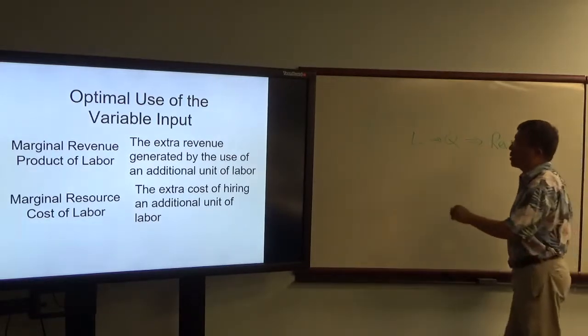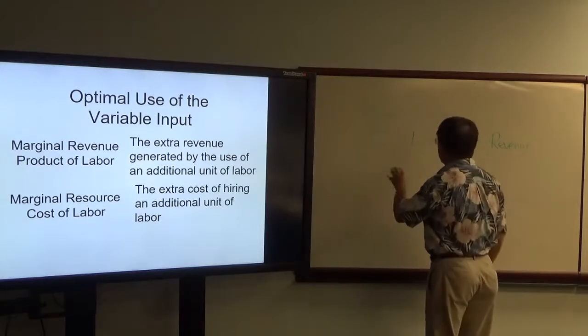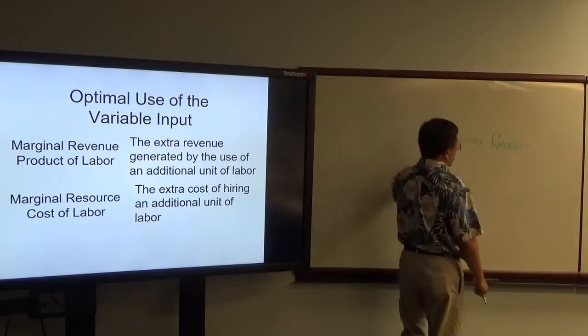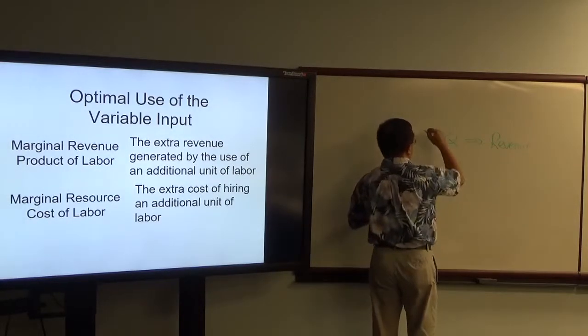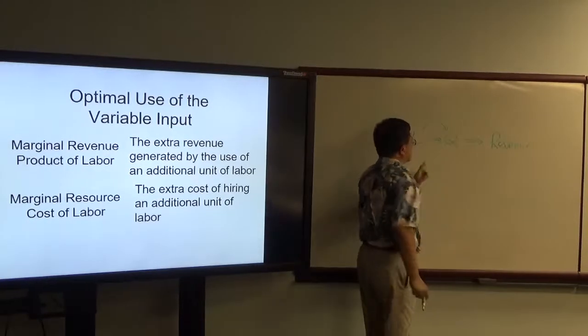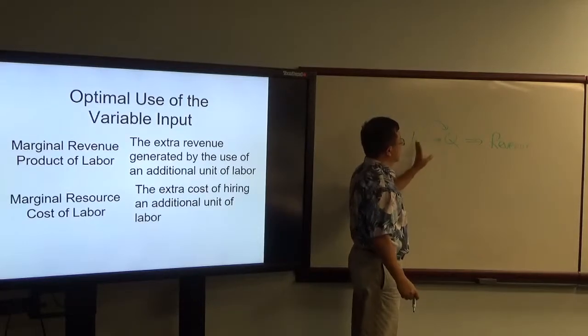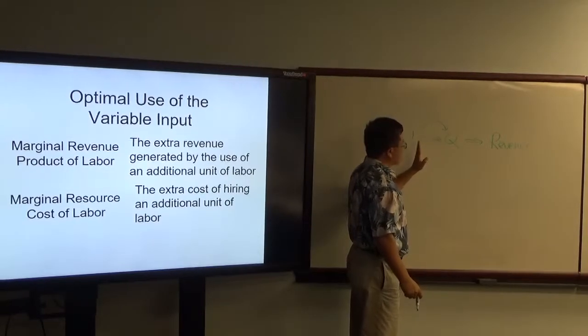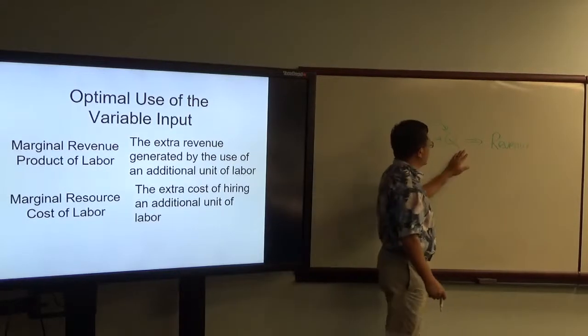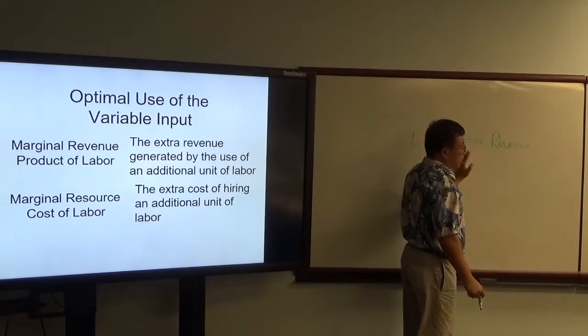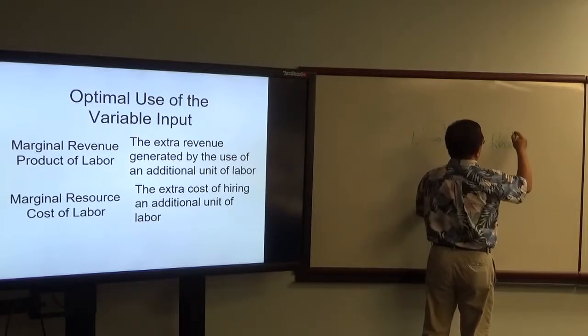So the marginal revenue product of labor is, if you use one more unit of labor, what is the additional revenue? But we have to look at two things here. First, if you use one more unit of labor, what's the additional output? The second question, if you produce additional output, what is the additional revenue?